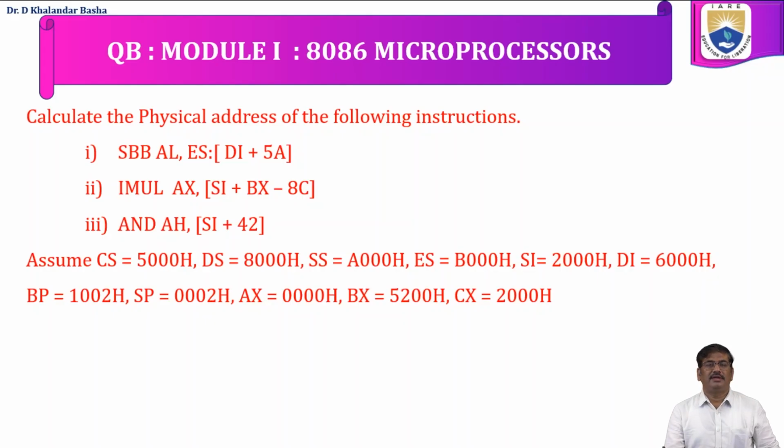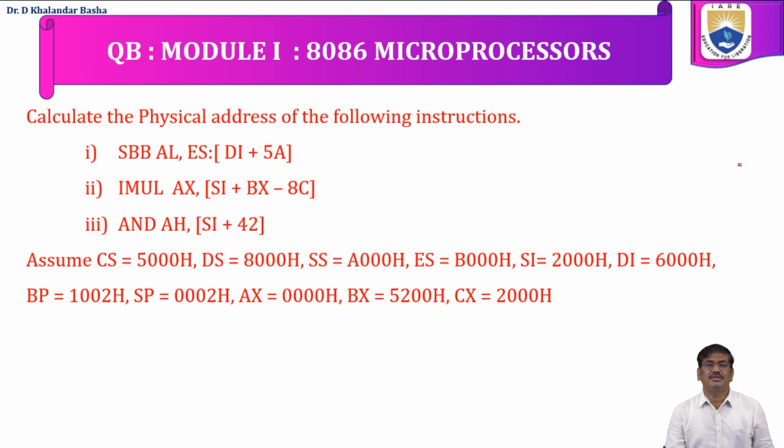Calculate the physical address of the following instructions: SBB AL, ES:[DI+5AH]; IMUL AX, memory address generated by SI plus BX minus 8C; and AND AH, memory address generated by SI plus 42.